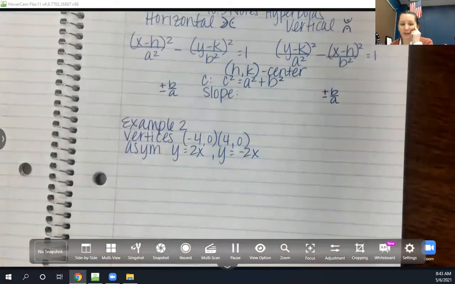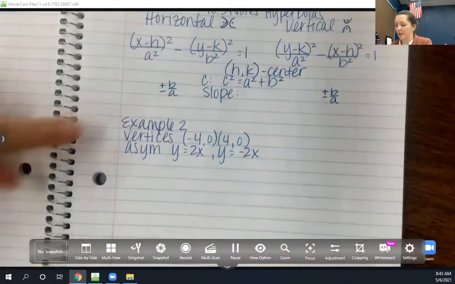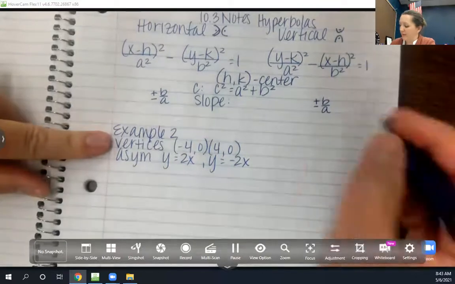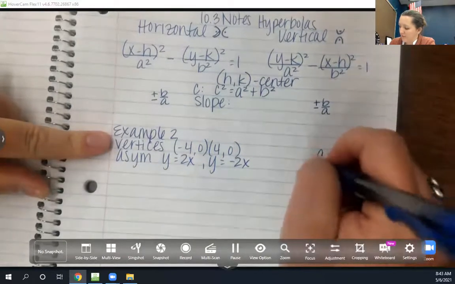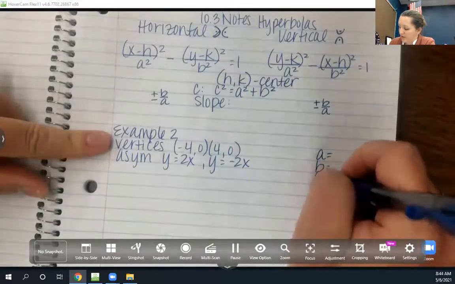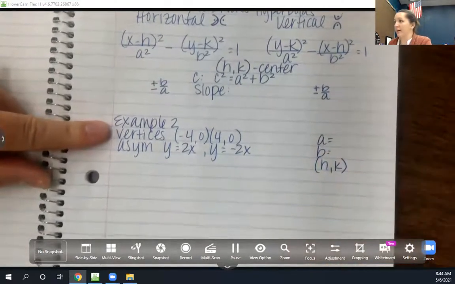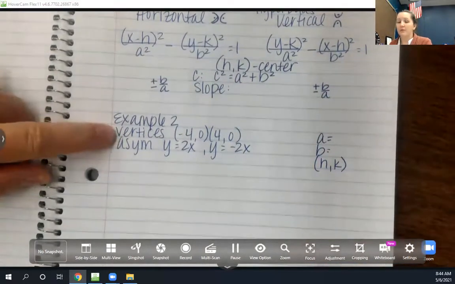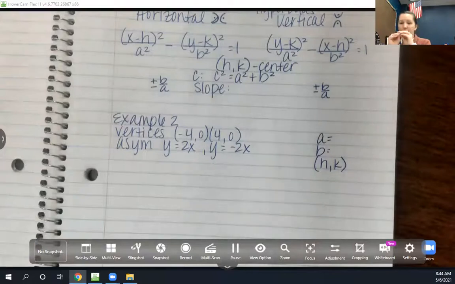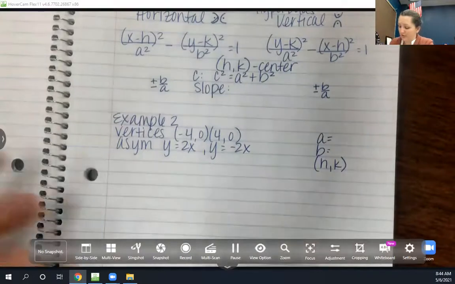We're going to be writing the standard form of the hyperbola. And we need to know the center and vertices and co-vertices, right? Well, we have vertices, but we need to know A, B, and then H and K in order to write our standard form. Since we have the vertices, we do know that our center is right in the middle of those vertices, right?